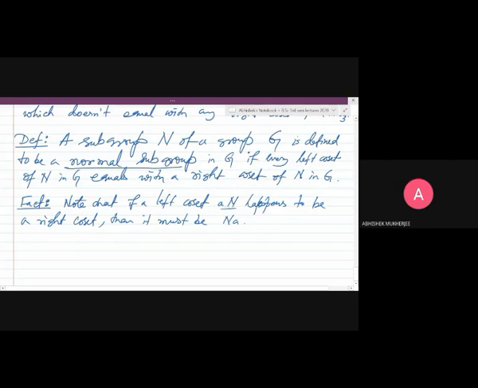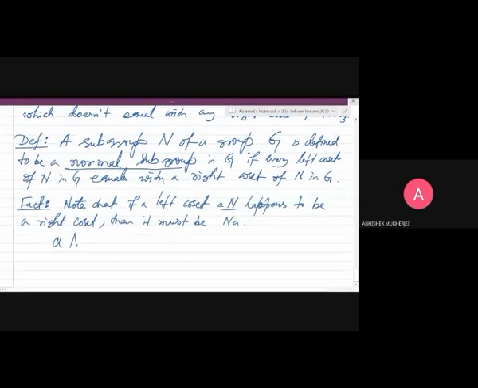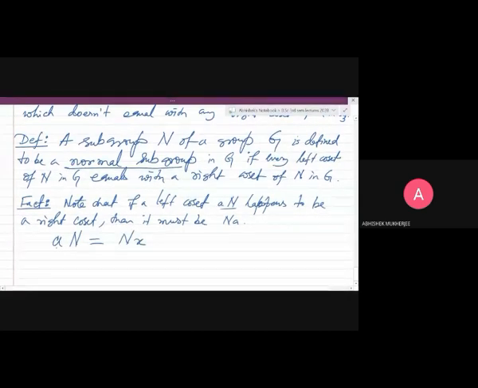That means aN equals some Nx. So I am saying that aN equals some Nx. I am not saying that aN equals Na. But eventually you will get the result that if a left coset aN happens to be some right coset, then that right coset will be Na only. So that is the fact.